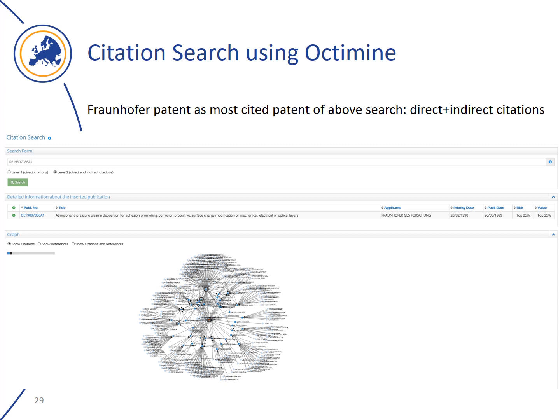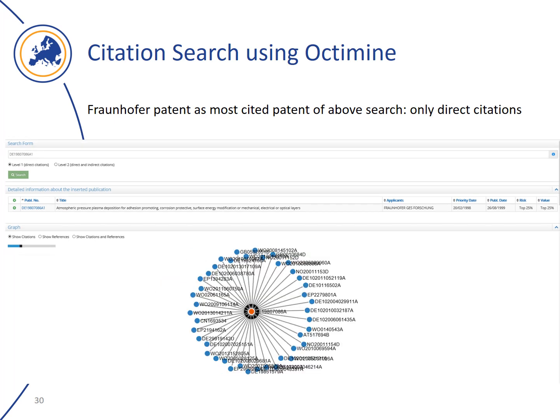So this makes it rather difficult to get information from that, although you could look at each of the patents in detail. But there is another option which is very helpful here.